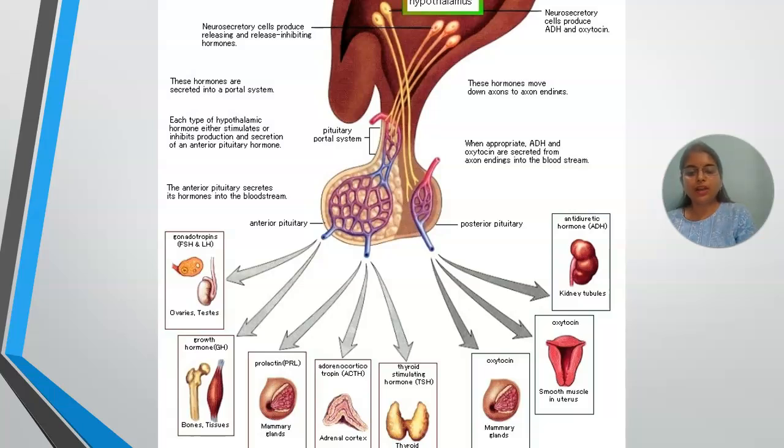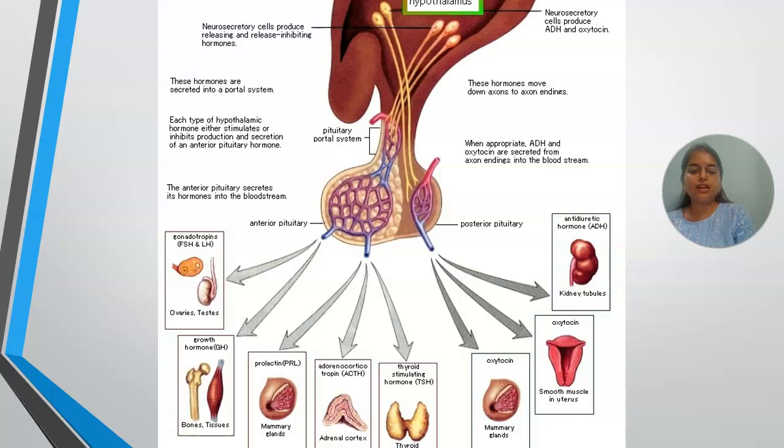The first one is the thyroid stimulating hormone, which stimulates or activates the thyroid gland to release T3 and T4, which are together known as thyroid hormones. Then we have ACTH, adrenocorticotropin hormone, which stimulates the adrenal gland to secrete its hormones.